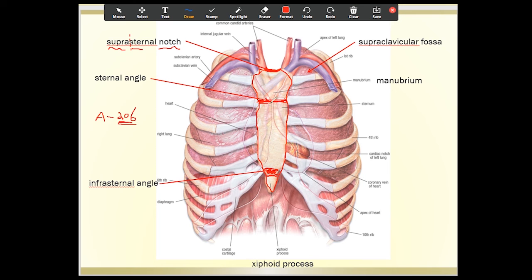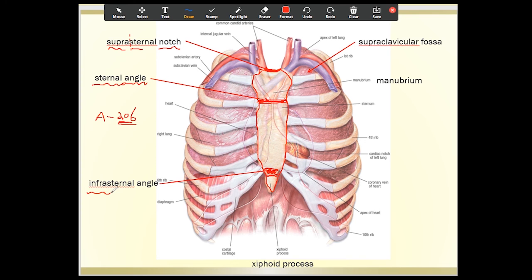Even though they fuse into one bone, we can still feel it because of the angle. We call it the sternal angle, and in your anatomy class you will still learn that sternal angle.